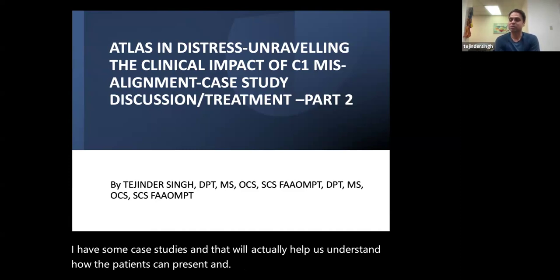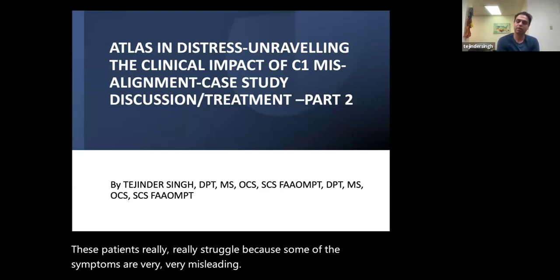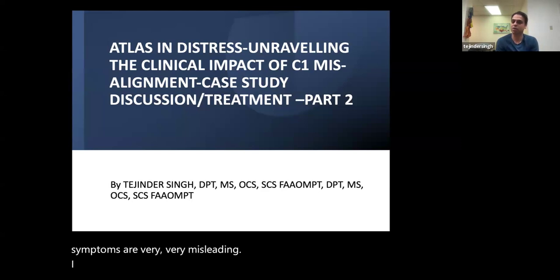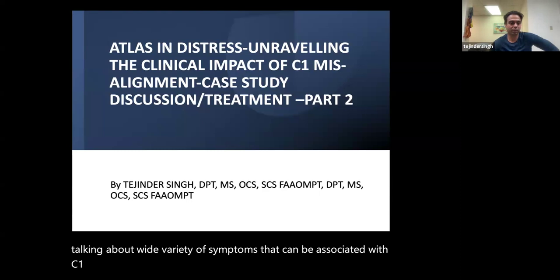These patients really struggle because some of the symptoms are very misleading. We'll spend some time talking about a wide variety of symptoms that can be associated with C1 misalignment. Okay.